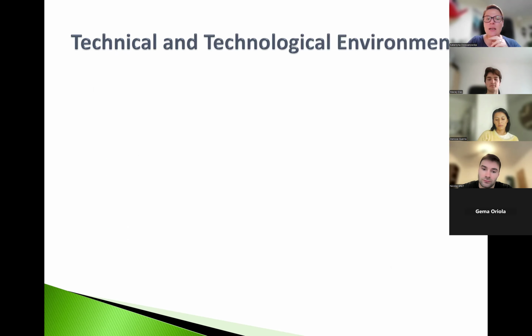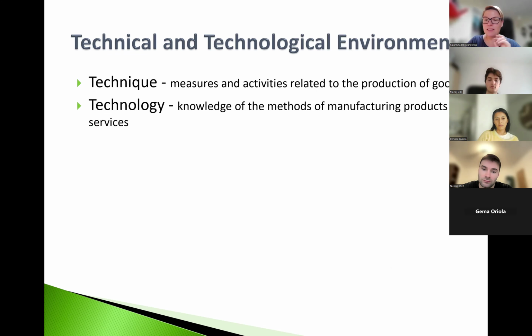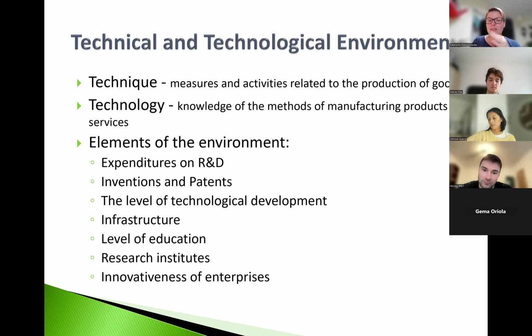Then we have technical and technological environment. Technique and technology are surprisingly two different things. One is about actual tools and activities. The other one is about know-how that you use. And in this case, you look at different elements of the environment that again are relevant to your company, to whatever you do.